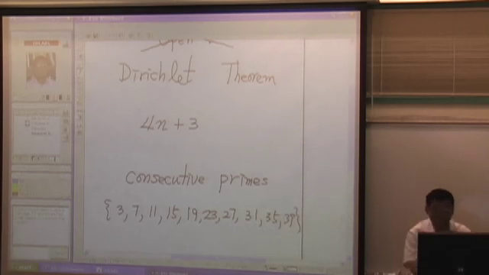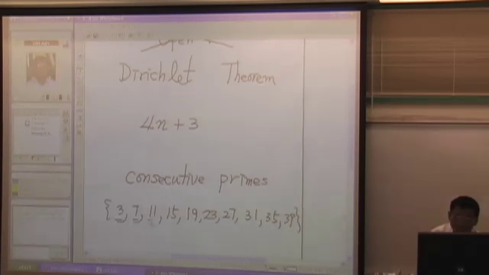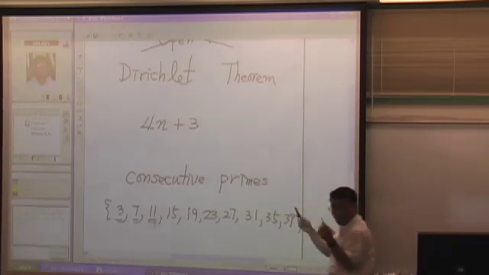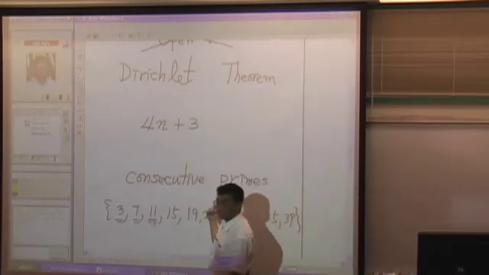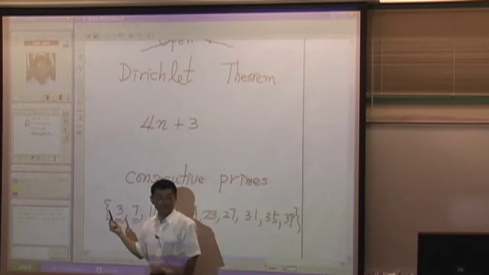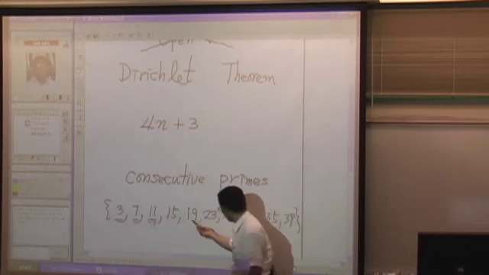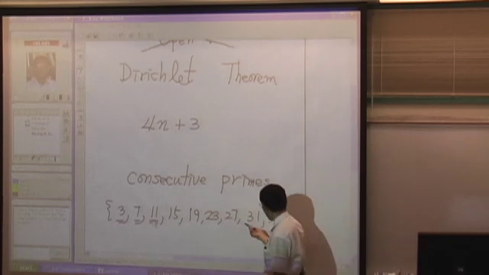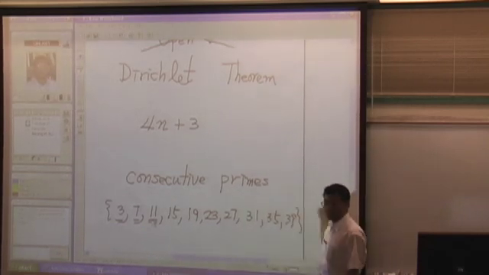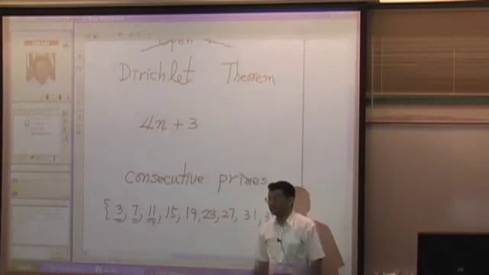Take a look. What is prime? This is prime. This is prime. So we got 3 consecutive prime numbers in this progression. And we get 2 consecutive ones, and so on. And then we may go this way, right?